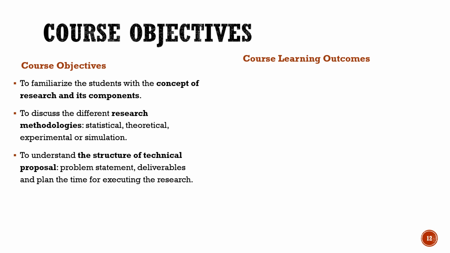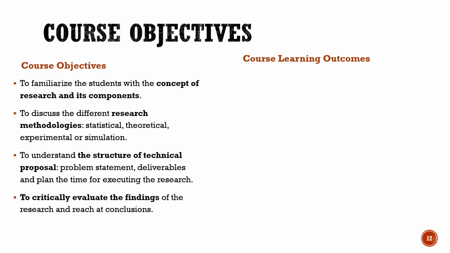You should be able to write a proposal, and we'll come to that, where you write the problem statement, deliverables, and so you should be able to request funds through writing proposals. You should be able to critically evaluate the findings in a scientific way and make conclusions. These are the main objectives. Once you come to the results, you should be able to write and present your work.